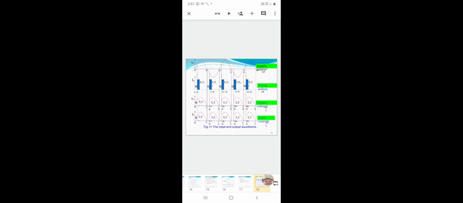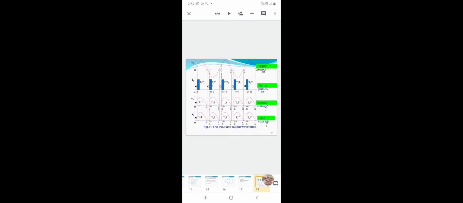So with firing pulses the thyristors start conducting with delay angle alpha, and the source voltage equals the load voltage.